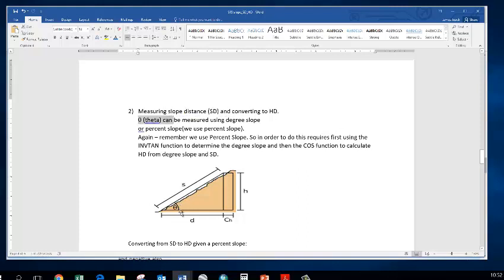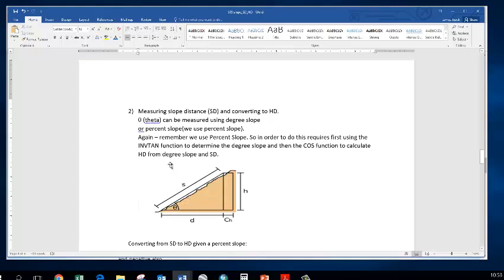Okay, that angle between the horizontal distance and the slope. It's really easy to do this if you're measuring it in degree slope. But again, remember, we're actually using a percent slope tool.